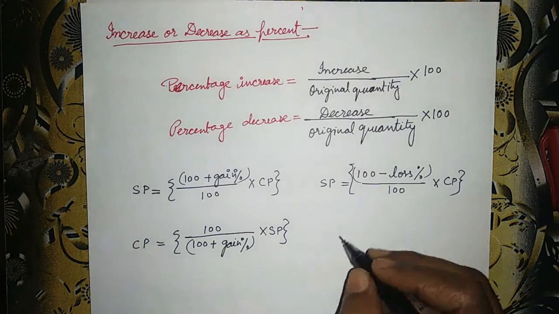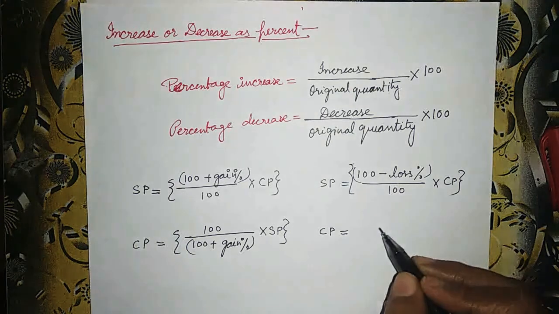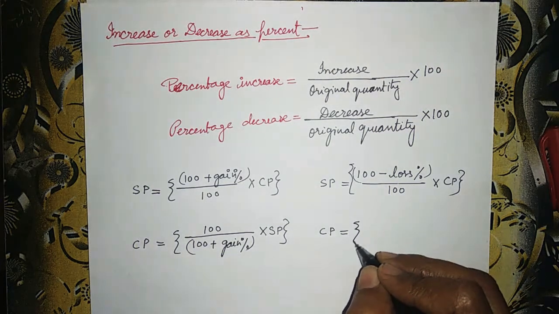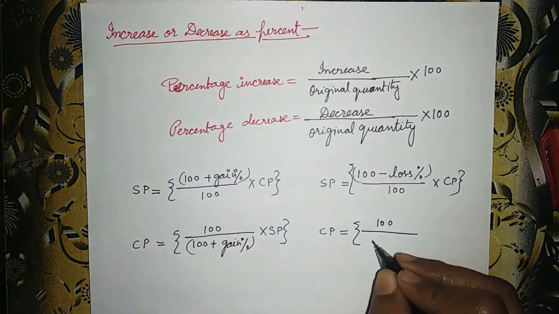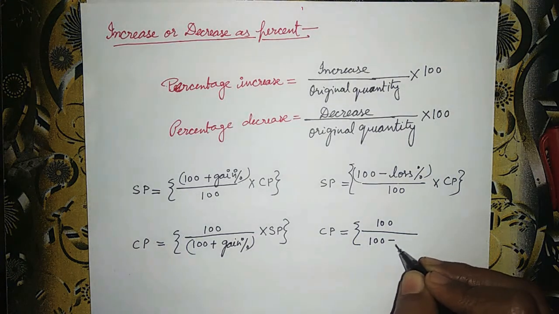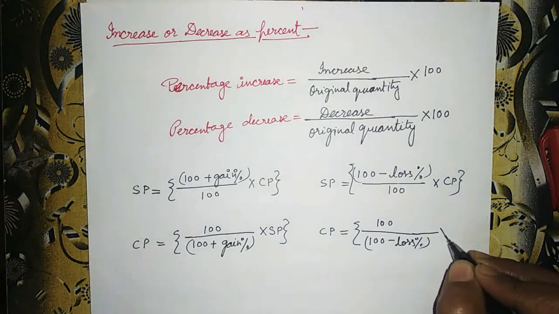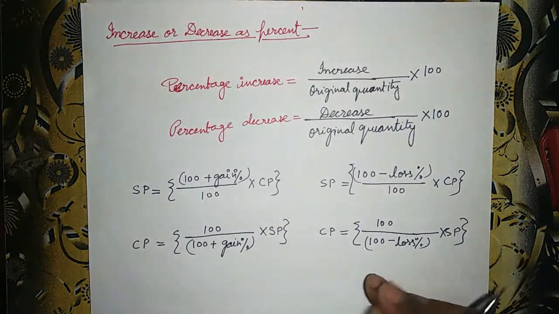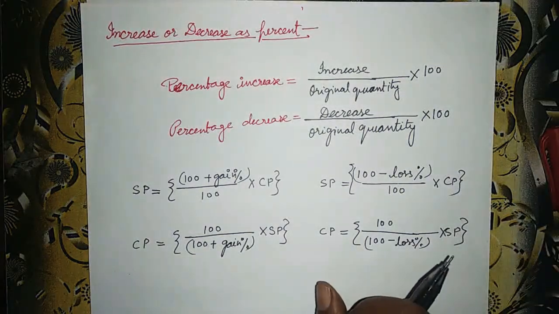And if you have to calculate CP and you have got loss percent and SP in the question, so what will you do? You will use this formula: 100 upon 100 minus loss percent into SP. Now these formulae also you will use in the next exercise.